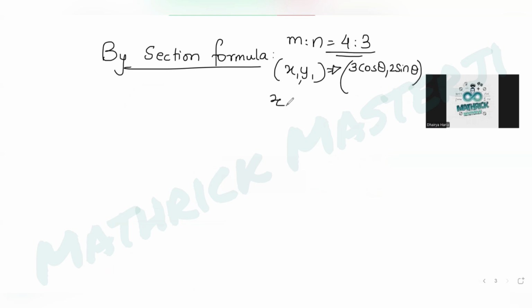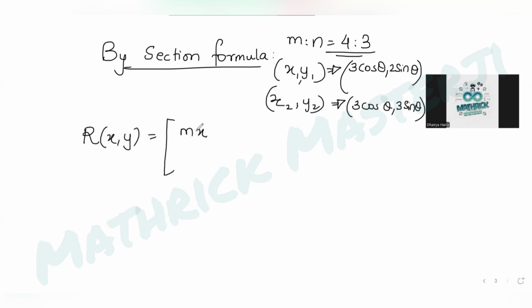X2, Y2 are the coordinates of the second point, which is 3 cos theta, 3 sin theta. So we have all of them. Now, to find the coordinates of R, the x coordinate is given by mx2 plus nx1 over m plus n, and the y coordinate is given by my2 plus ny1 over m plus n.